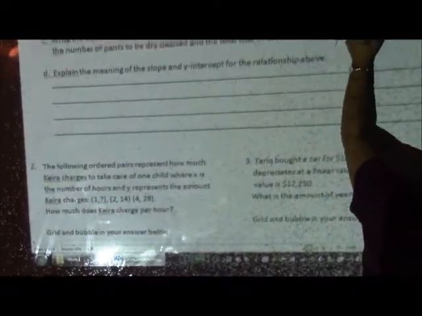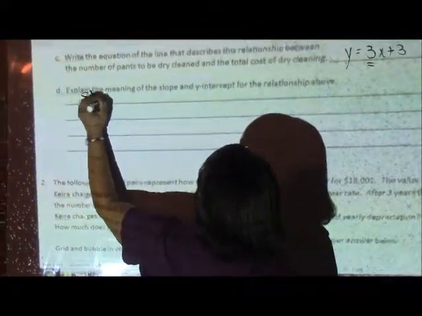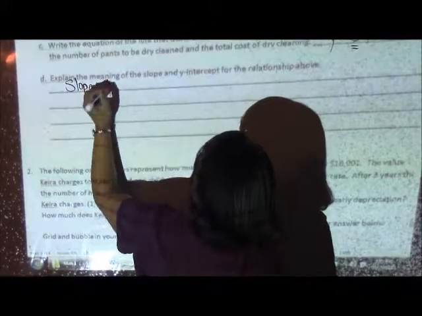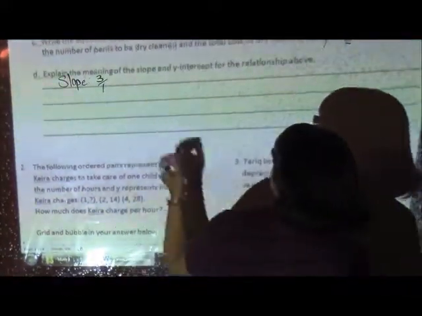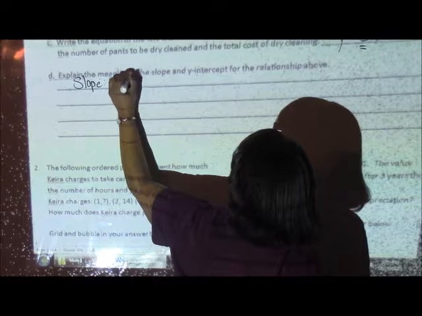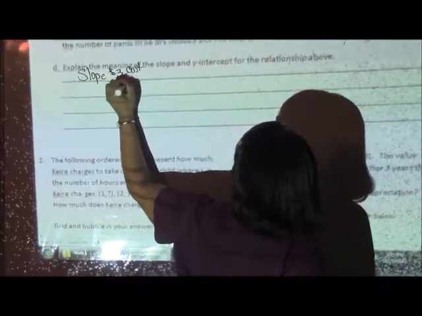Okay, so we have our equation, which is y equals 3x plus 3. The slope, m, the meaning of that is, we said this is the cost for our pants.